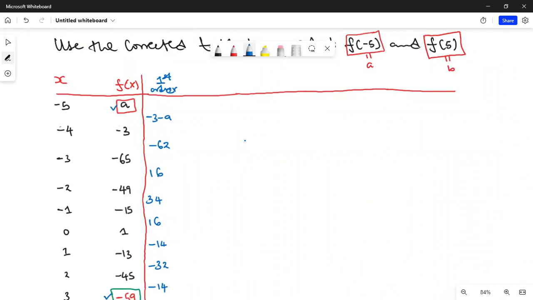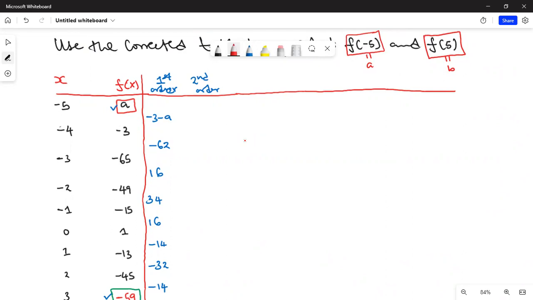So these are the values under the first order difference column. Let's also populate the second order difference column. So -62 minus 3, of course, minus a, so it's a minus of everything. A minus and a minus is a plus. That would be -62 plus 3 plus a.